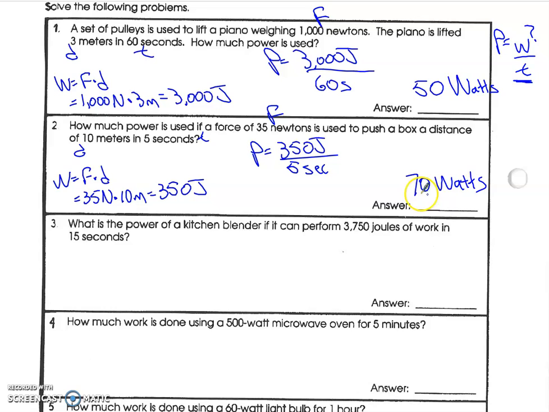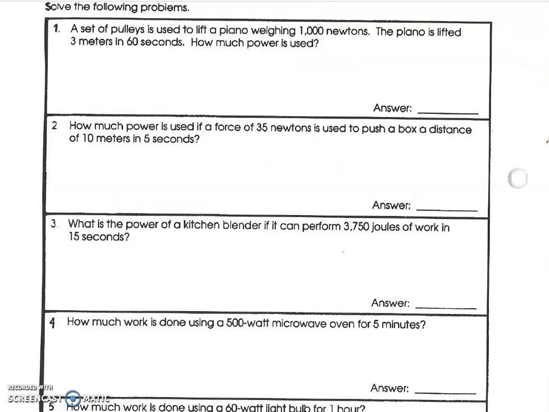And that's why we end up getting a greater power output, because it was for a greater distance, which helped the work get a little higher, right? Because it went from 35 newtons all the way up to 350 because it was over 10 meters. But the key thing here is that it was done in 5 seconds. So you're dividing by a smaller number, which gives you a bigger power output. I'm going to scroll up.